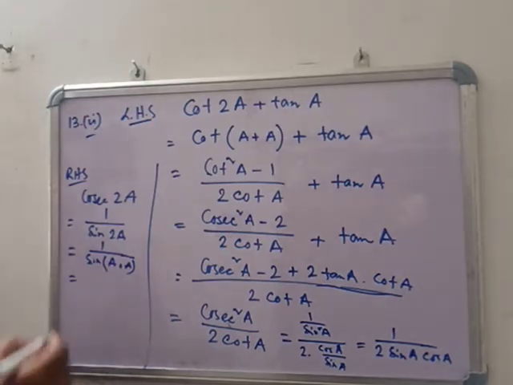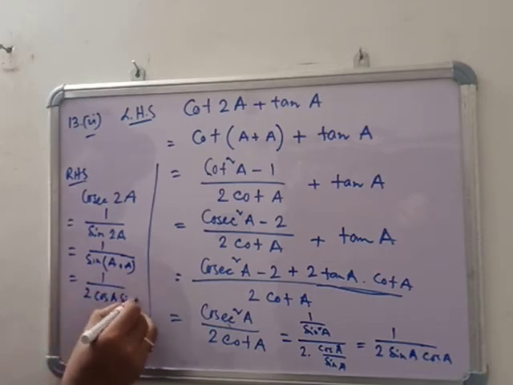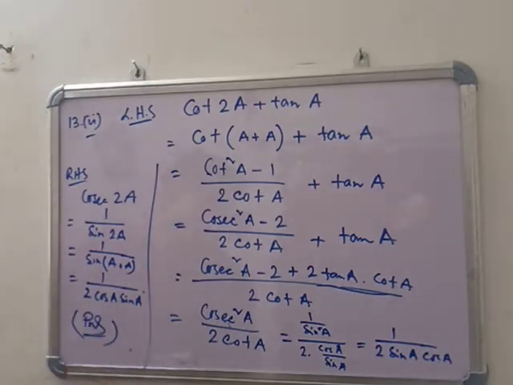So we can write 1 by 2 sin A cos A, which is the LHS. That means proved. Note down another one.